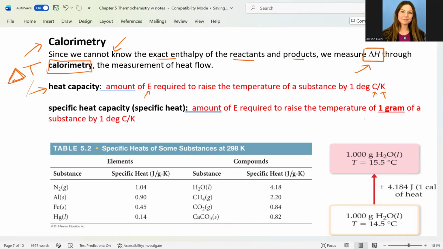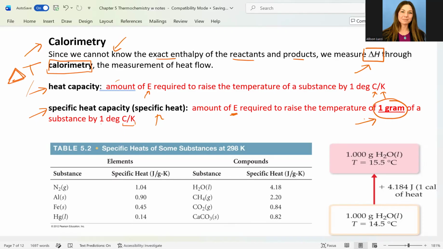And then down here, we have the term specific heat capacity, sometimes just simplified to specific heat. This is the amount of energy that's required to raise the temperature of specifically 1 gram of a substance by 1 degree Celsius or Kelvin again. So it's the same type of definition, but now the specific heat capacity refers to a specific quantity, that of 1 gram.